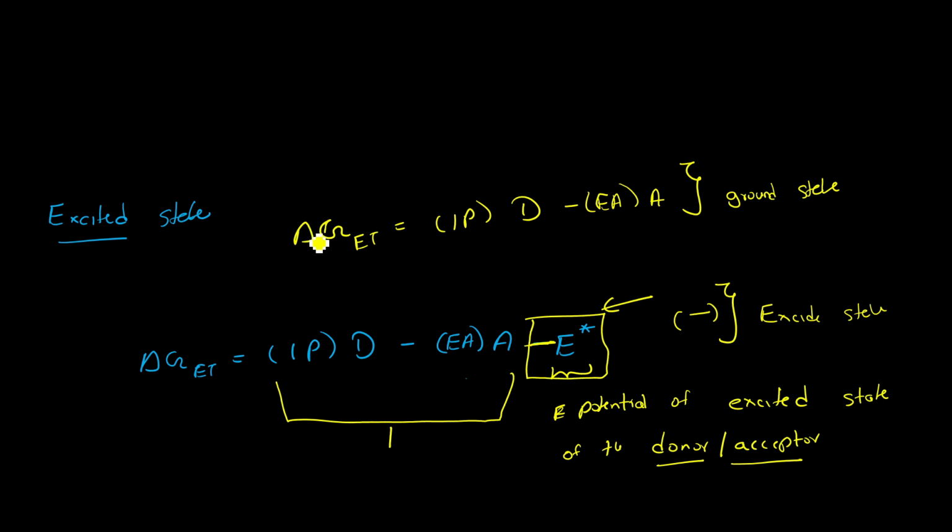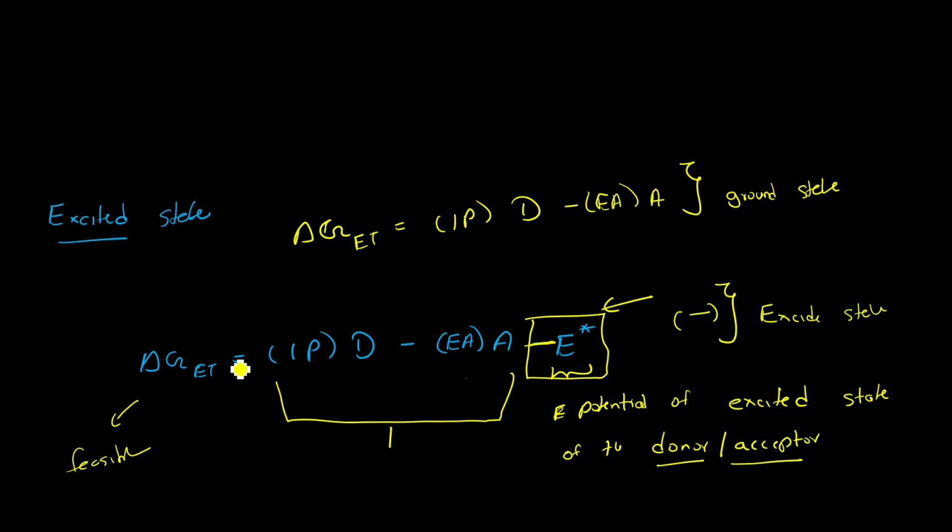So when we compare the delta G values in the ground state and the excited state, the excited state delta G value is much more negative, which means it is much more feasible. If you remember, a more negative delta G value means it is much more feasible.